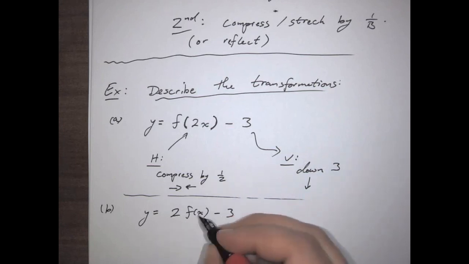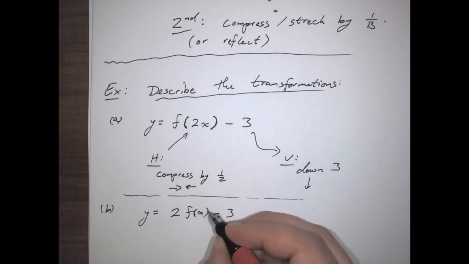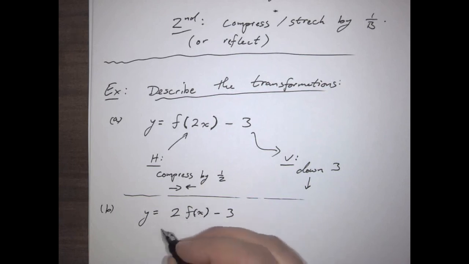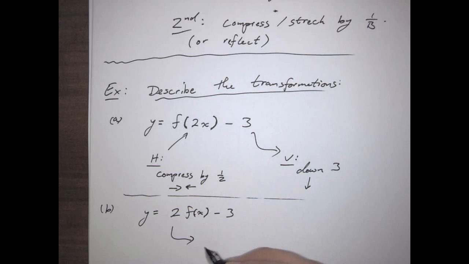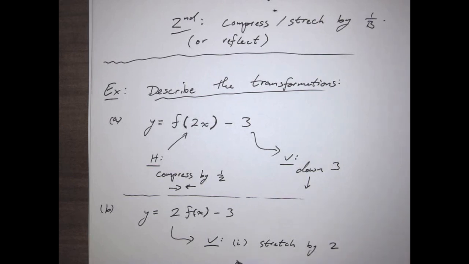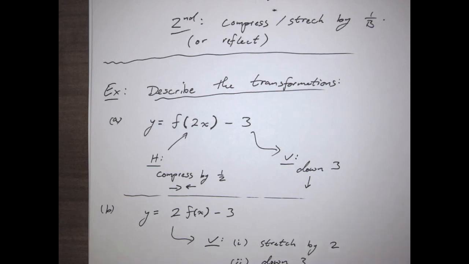Well, now that 2 is no longer within these parentheses, it's on the outside, which means it's now a vertical transformation. So vertically speaking, we have, first off, stretched by a factor of 2. And second, it's going down 3. No horizontal transformations are in play here.